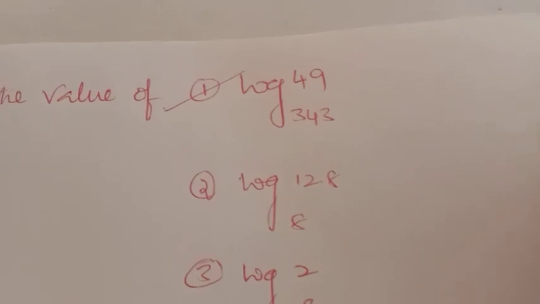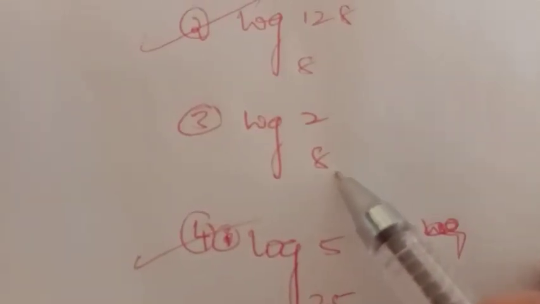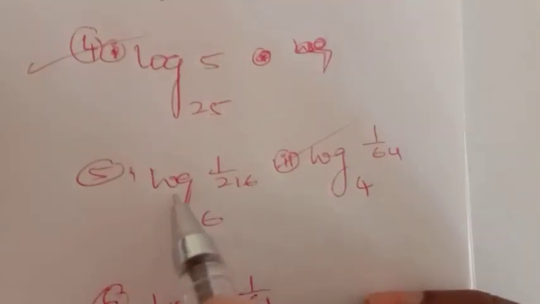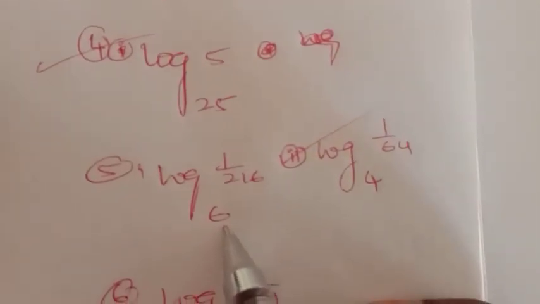And you can solve the remaining problems. Already we solved this problem, and you can solve this problem log 2 base 8. Here 8 can be written as 2 cube. And next one, log 1 by 216 base 6.